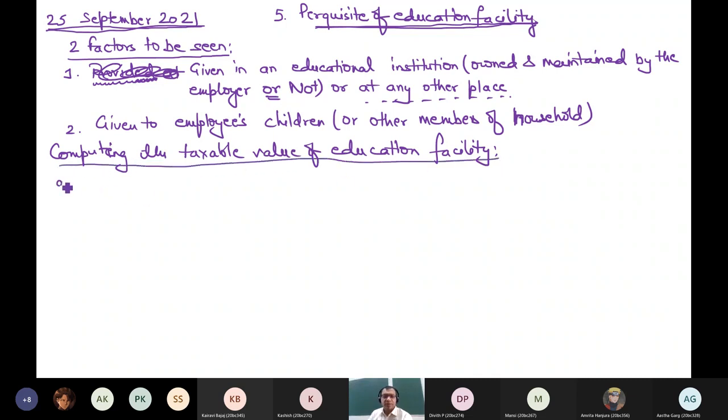So first point, when it is given to employees' children, or when it is given to anyone, either to employees' children or to other member, doesn't matter. But when it is given at a place other than an institution.